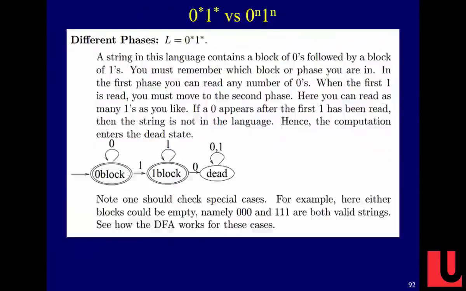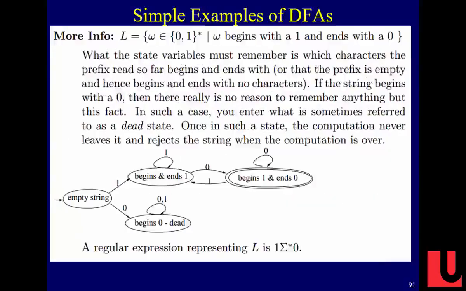Why do we have the start as an empty string? Well, because at some point I have to differentiate. At some point I have to say, what is my first character, that's the big decision. And when do I do that?